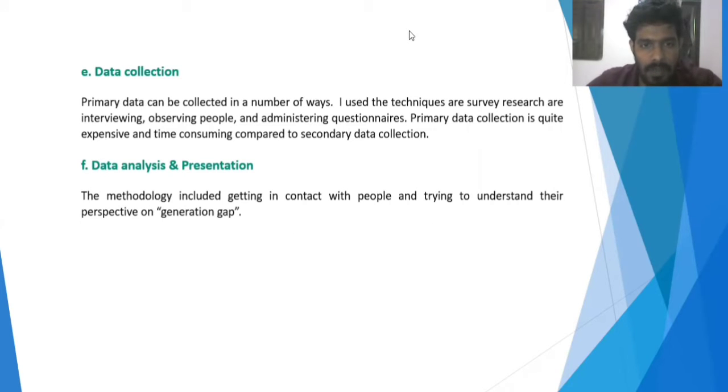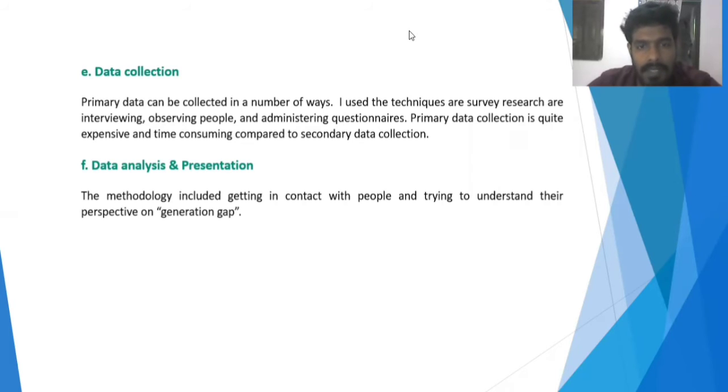Next, I am going to talk about data collection and data analysis and presentation. First of all, data collection. Primary data can be collected in a number of ways. The techniques I used are survey research and interviewing, observing people and administering questionnaires. Primary data collection is quite expensive and time consuming compared to secondary data collection.